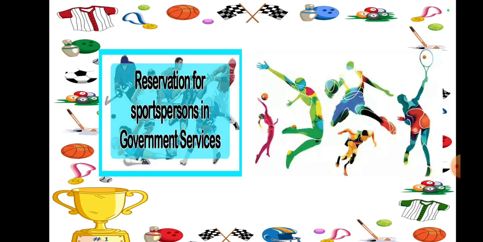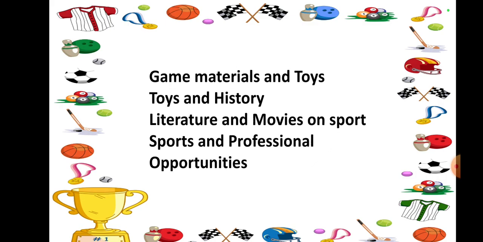I hope you all understood the whole chapter through part 1 and part 2. As I told you, we'll just revise: game materials and toys we have seen from the excavation part; toys and history, how it is related to cultural aspects with the example of Diwali celebration, models of forts and all; then literature and movies on sports and professional opportunities.